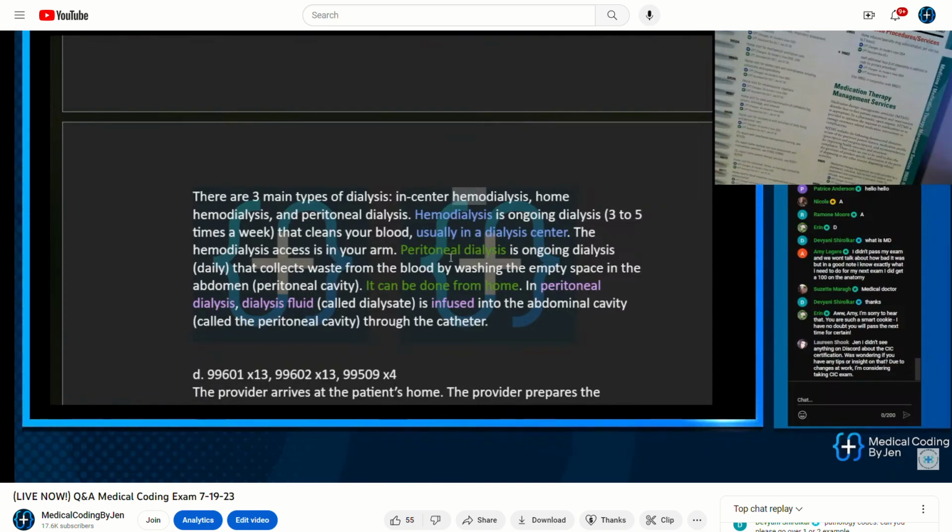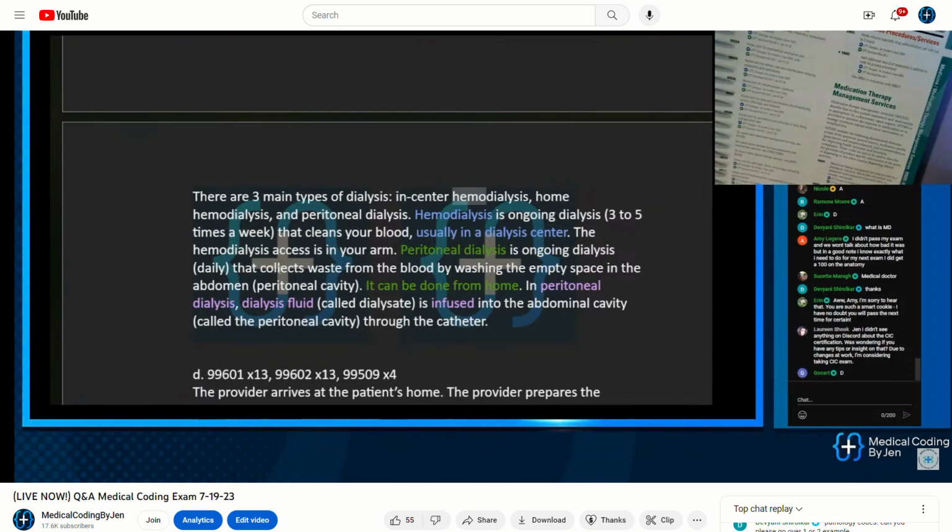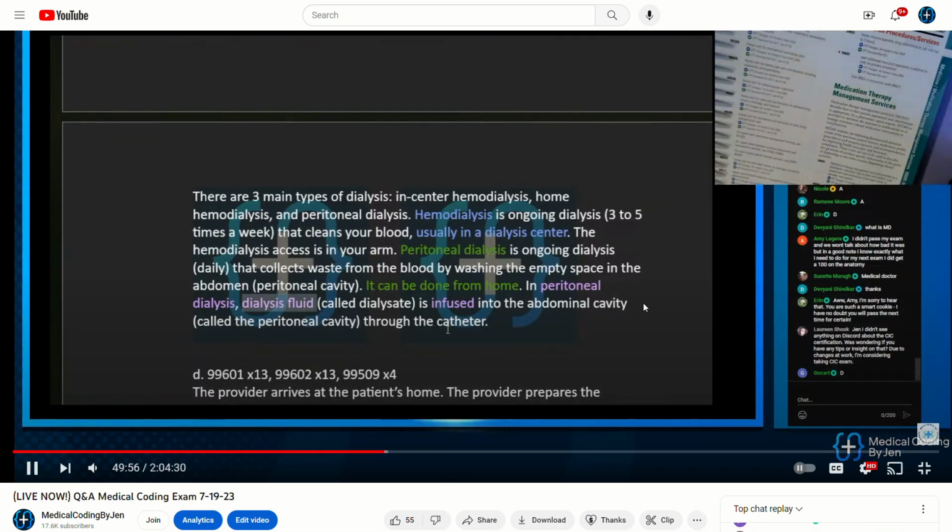Peritoneal dialysis is also ongoing dialysis, usually daily, but it collects waste from the blood by washing the empty space in the abdomen, which is your peritoneal cavity. And that washing is called an infusion, because in peritoneal dialysis, fluid, which is called the dialysate, is infused into the abdominal cavity, or what they call the peritoneal cavity, through a catheter.